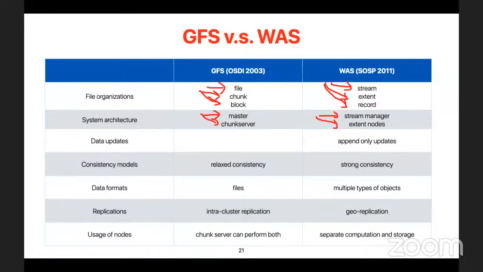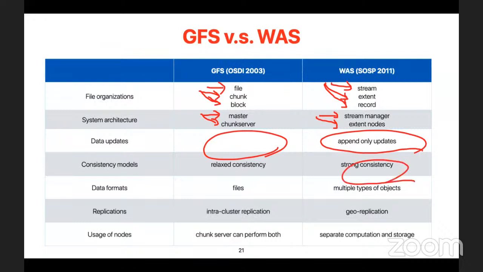However, on the Windows Azure side, they have more stream managers than a single master. So for data updates, Google File System doesn't have any restriction on that. But for Windows Azure, they only allow append-only updates for a reason, because they want to support strong consistency. They want to make geo-replication easy.